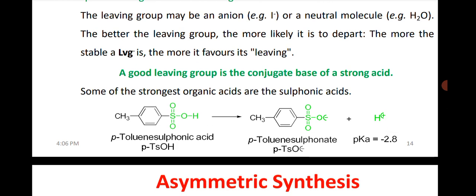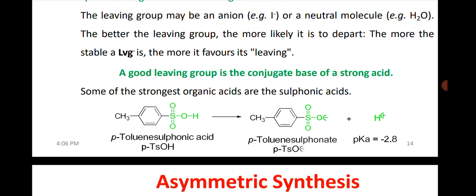The best leaving group is para toluene sulfonic acid. Why? Before going to this question, we will discuss para toluene sulfonic acid as an acid, whether it is strong or weak.